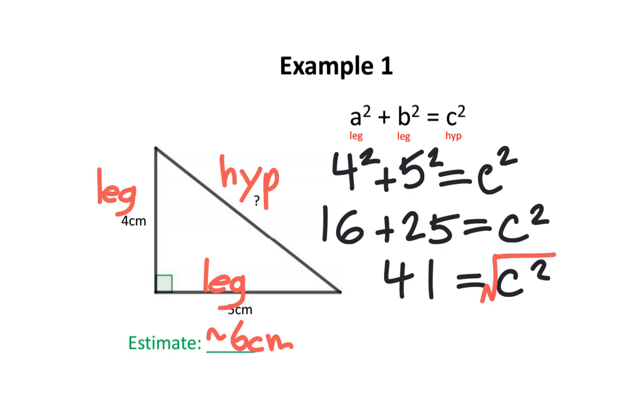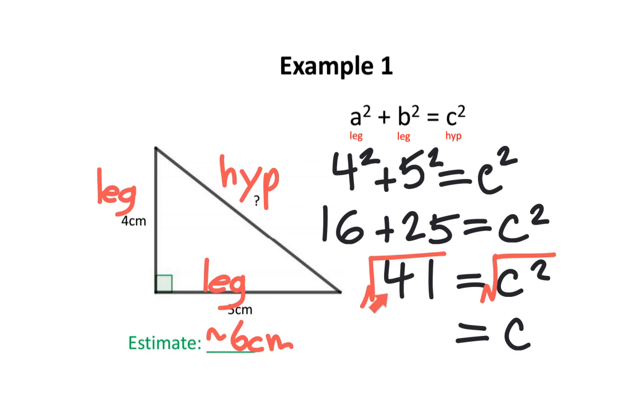There's a saying I like to use. What you do to one side of an equation, you must do to the other side of the equation, which means I'm going to take the square root of 41 as well. Because a square root and an exponent of 2 are opposites, they're going to cancel out, which leaves the letter c all by itself.